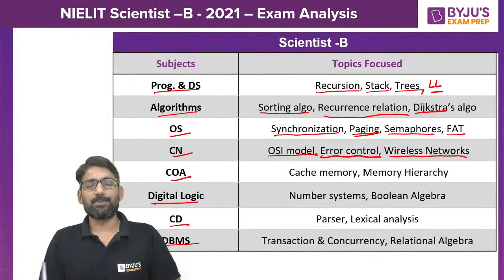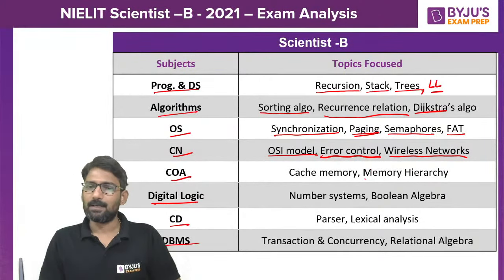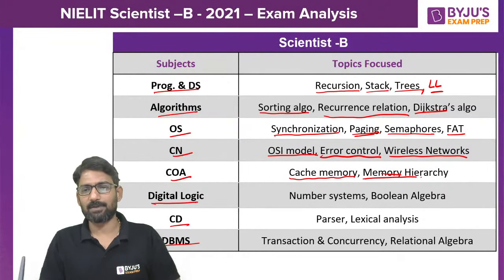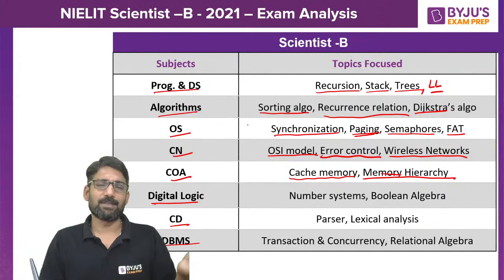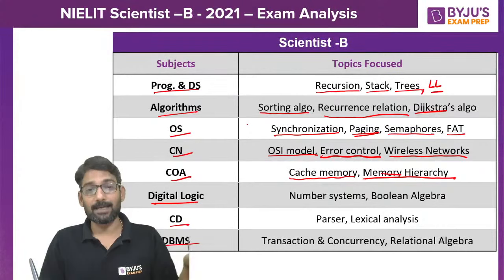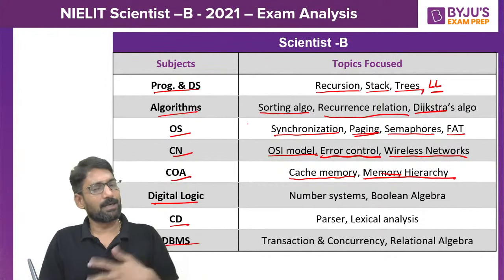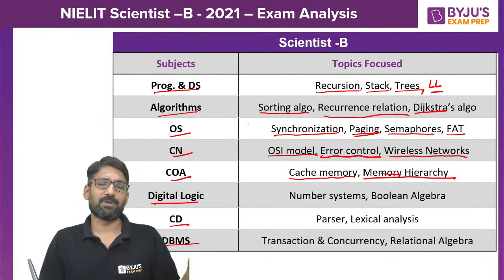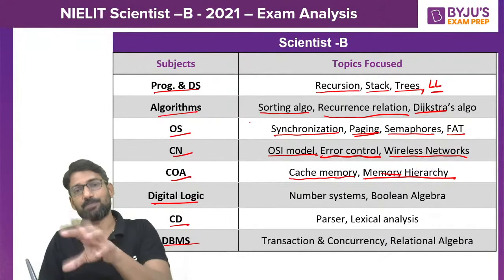Similarly, from computer organization and architecture, if you see, though we have got three or four questions, majorly the focus was around cache memory and memory hierarchy topics. Cache memory always plays a vital role in COA, guys. You prepare, you take any exam, whether it is GATE or NIELIT or ISRO or BARC or CIL or DRDO or any exam paper, definitely even UGC NET, cache memory plays a vital role.